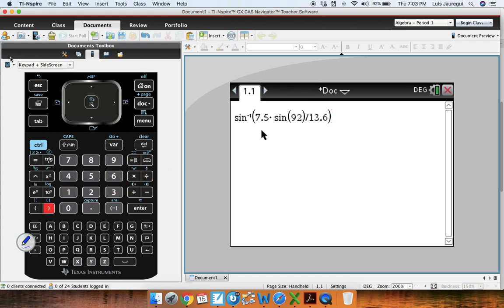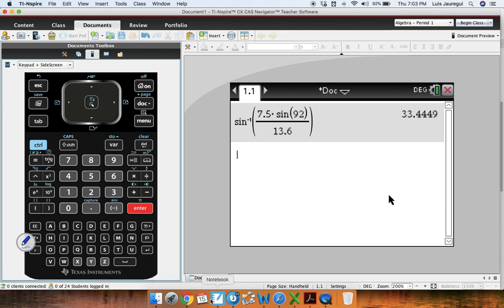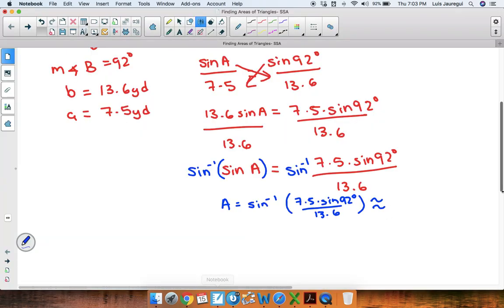Let's close the parentheses and hit Control Enter. Roughly speaking, after we round to the nearest tenth, we get that this is about 33.4 degrees. So going back here, we can say A is about 33.4 degrees.